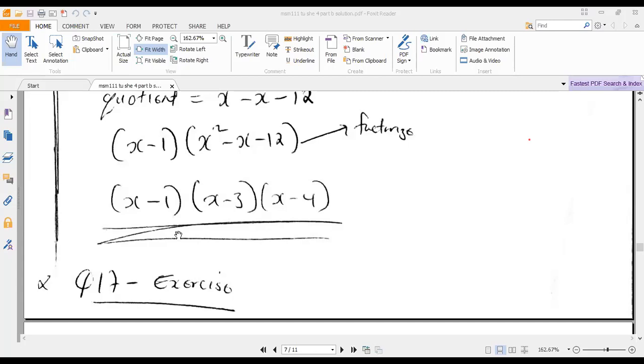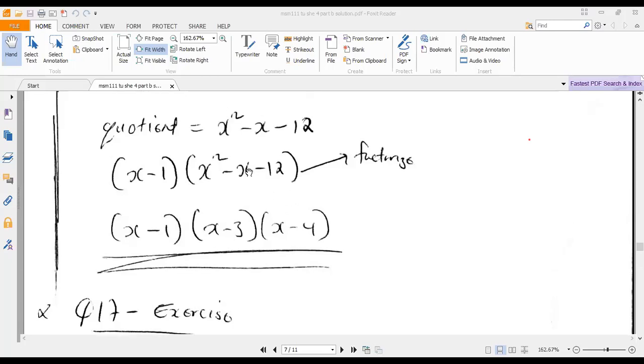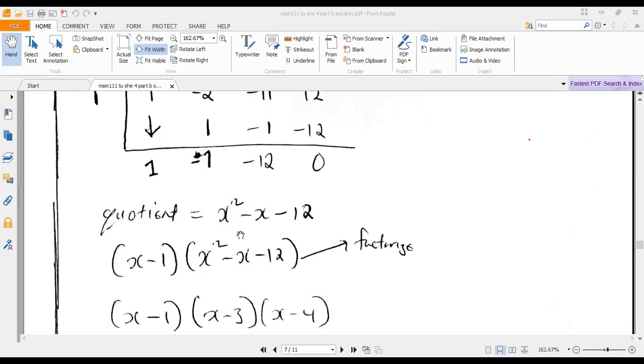Sir, yes. Repeat the last part. This last part? Yes. So when you reach here, you just factorize. So what's the sum? Yes, -1, isn't it? Then the product is -12, right?